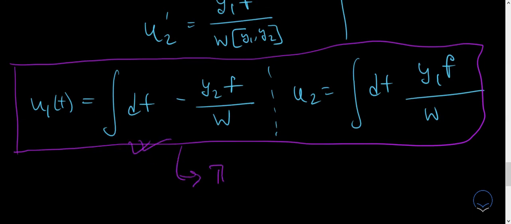So this will be the formula, the relevant formula for variation of parameters, and it will let us know whether we can have a particular solution.